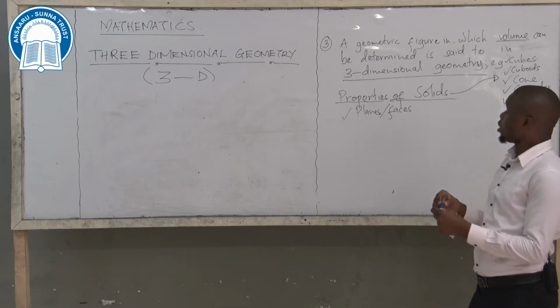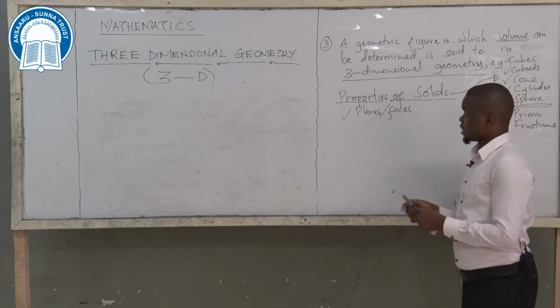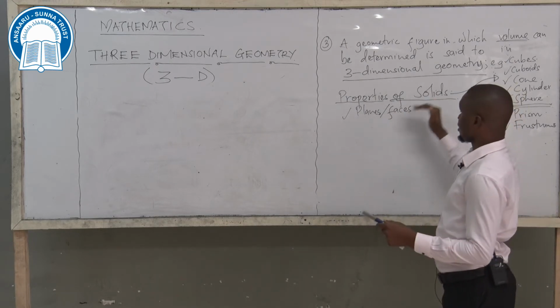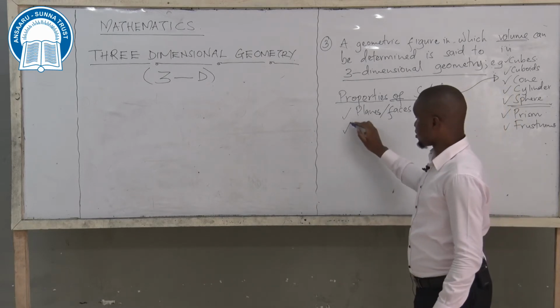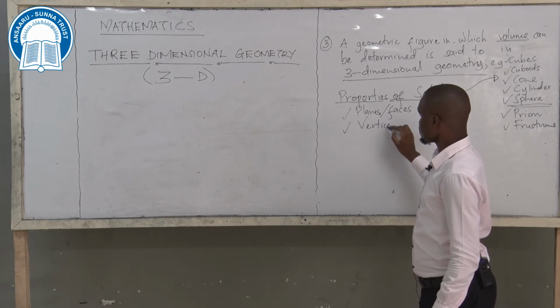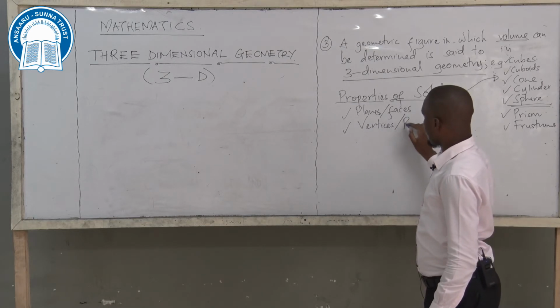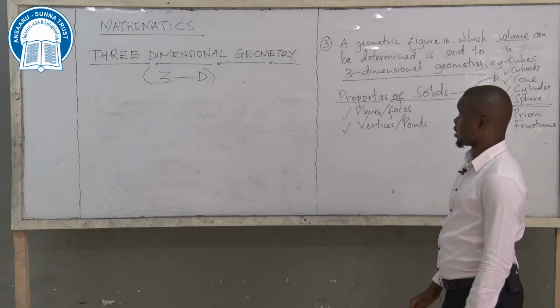All those are solids. So these solids have properties that define them, and the first category of properties that define solids is the faces or planes they have. Number 2, we have what we call vertices, or points. They are points on the figures.